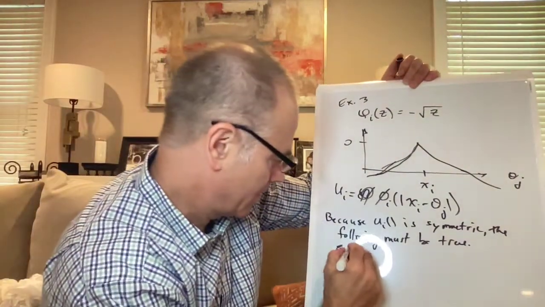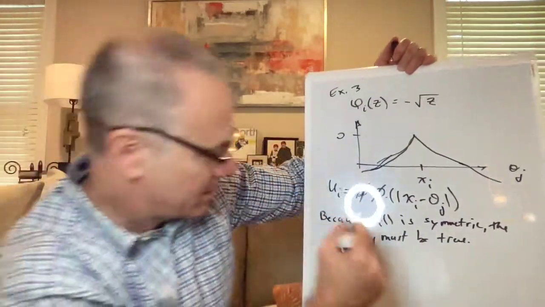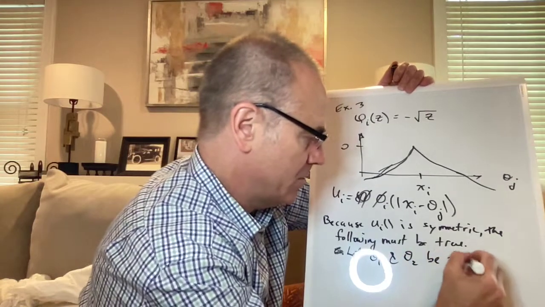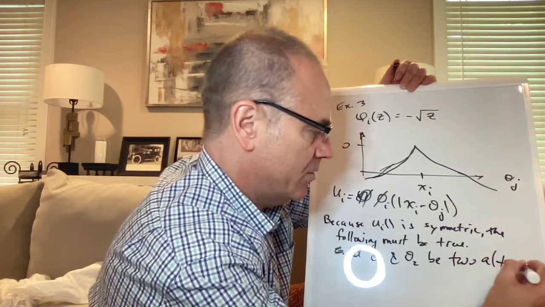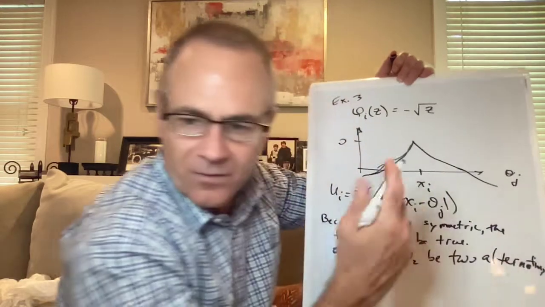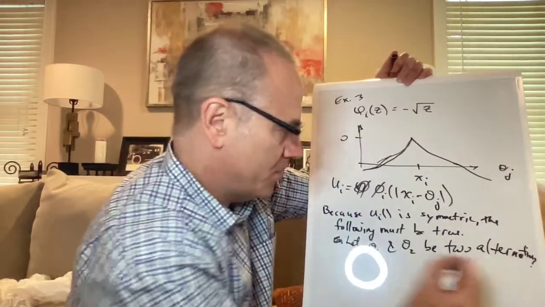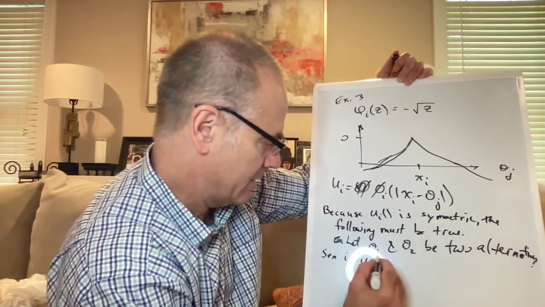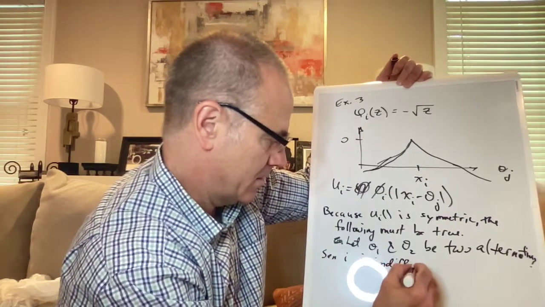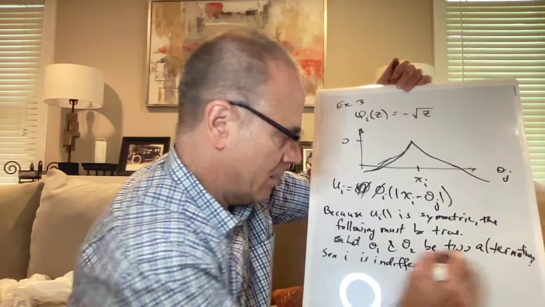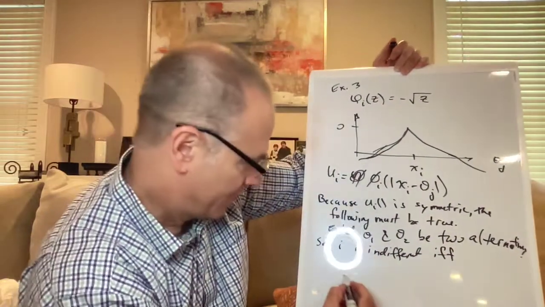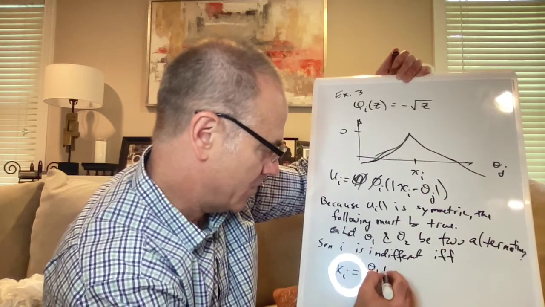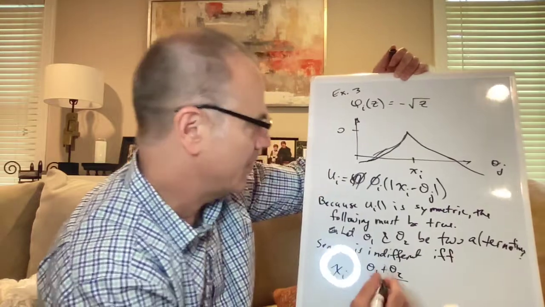Let theta 1 and theta 2 be 2 alternatives that they're voting on. Okay. Senator i is indifferent if and only if xi equals theta 1 plus theta 2 divided by 2.